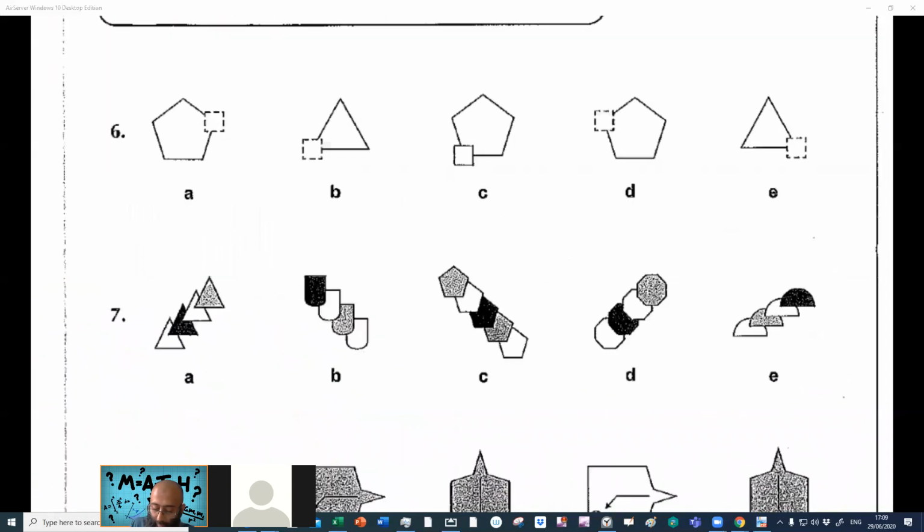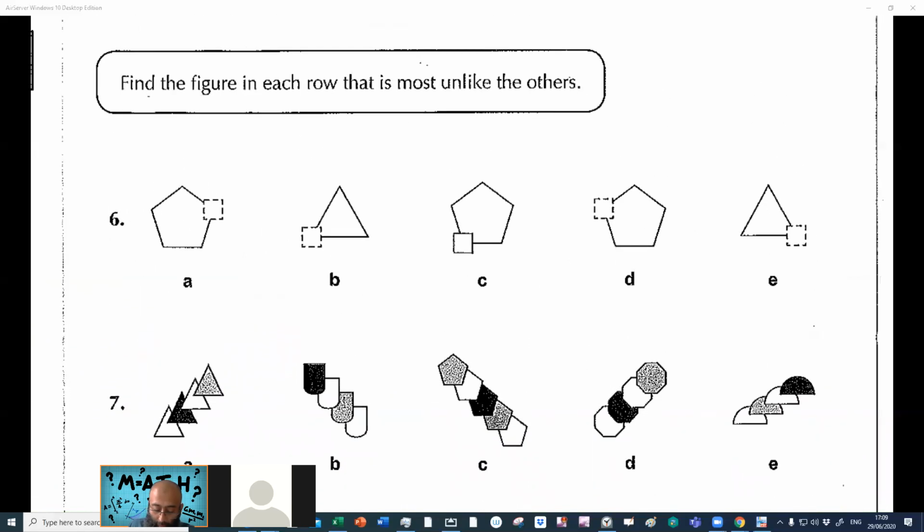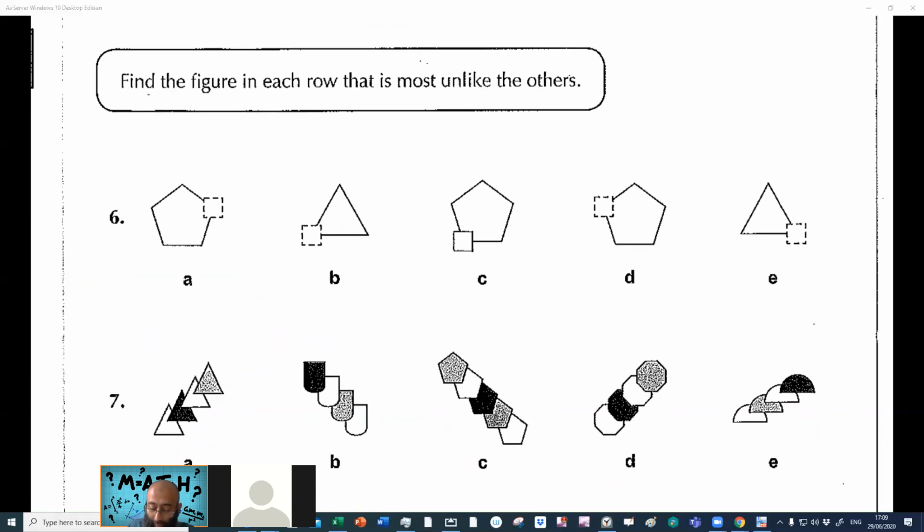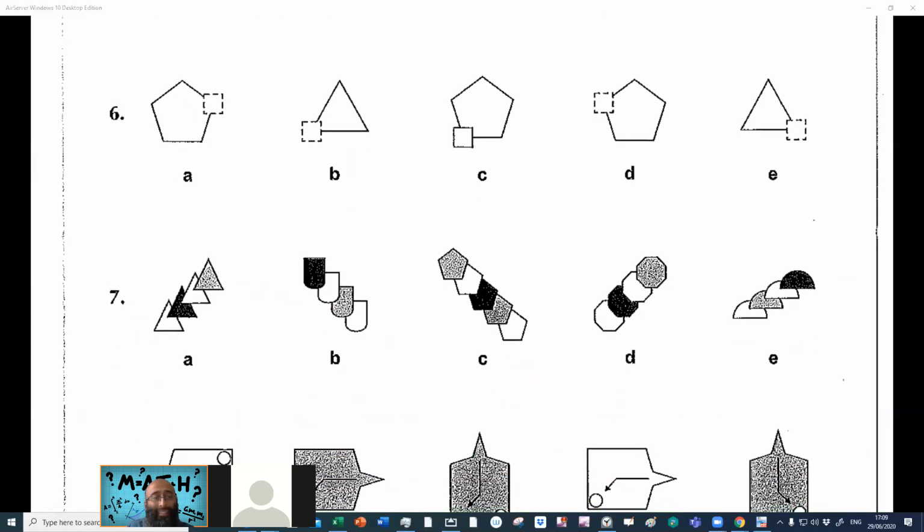Let's move on to question number 6. Find the figure in each row that is most unlike the others. So we're looking for the odd one out. We have a 5-sided shape and a 4-sided dotted. We have a 3-sided shape and a 4-sided dotted. We have a 5-sided shape and a 4-sided solid.